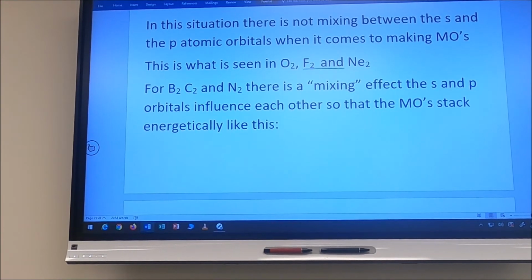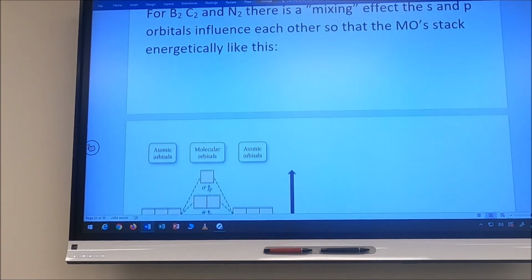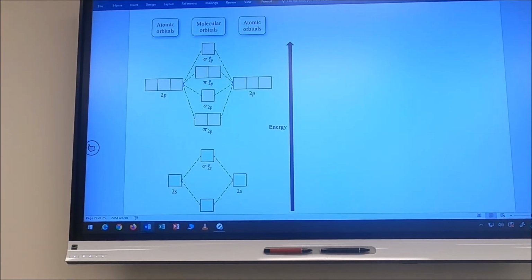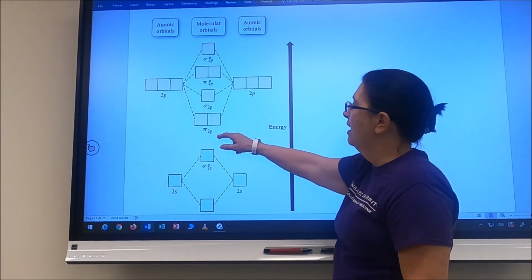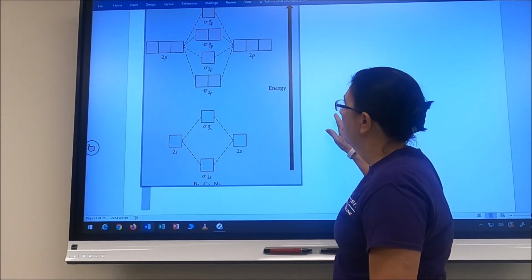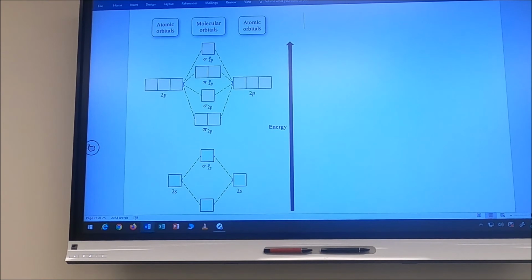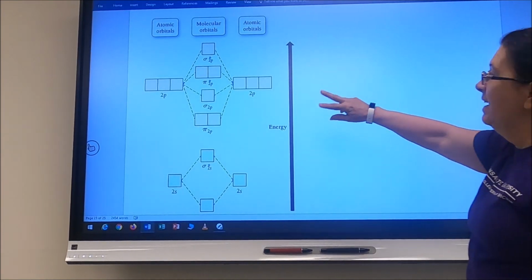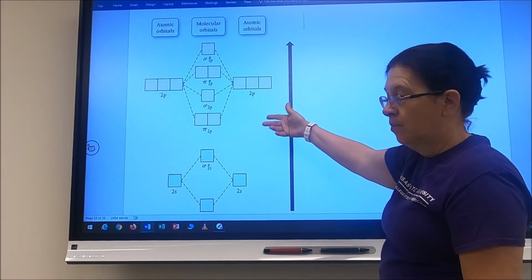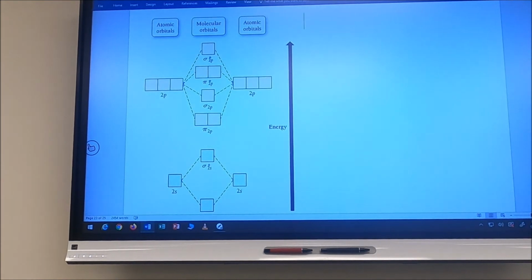There are influences between the s and the p orbitals that affect the energy stacking. And instead of the sigma 2p bonding being the lowest in energy, the pi 2p bondings are. I have a love-hate relationship with this screen. So, the energies are slightly different for boron and carbon and nitrogen than oxygen, fluorine, and neon.